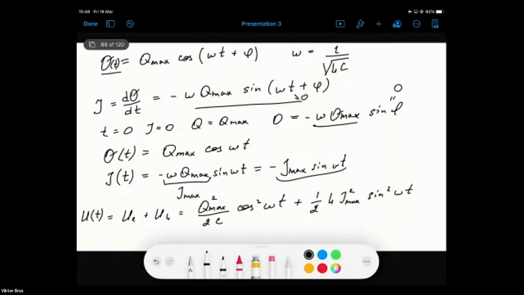So we know that there is no dissipation of energy, and that's why maximum energy accumulated in capacitor is equal to maximum energy accumulated in the inductor.